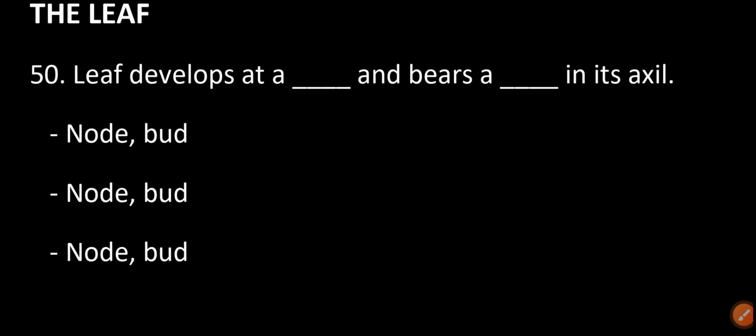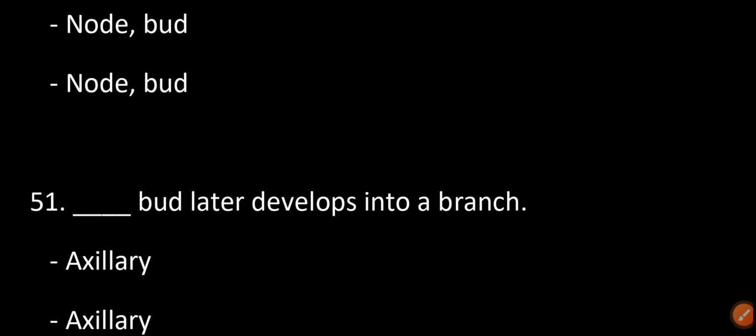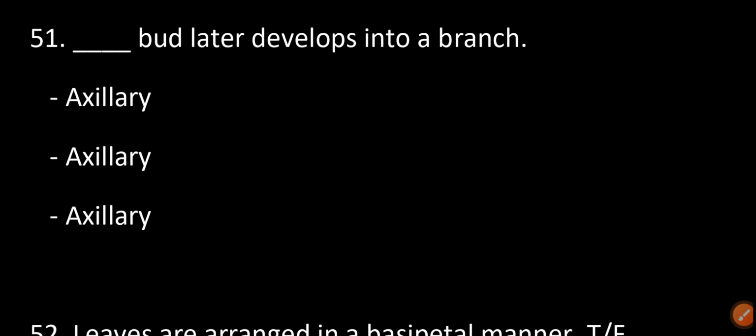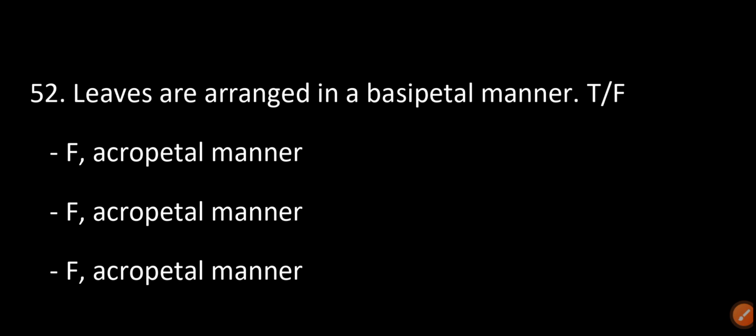A leaf develops at a node and bears a bud in its axil. The axillary bud later develops into a branch. Leaves are arranged in a basipetal manner.